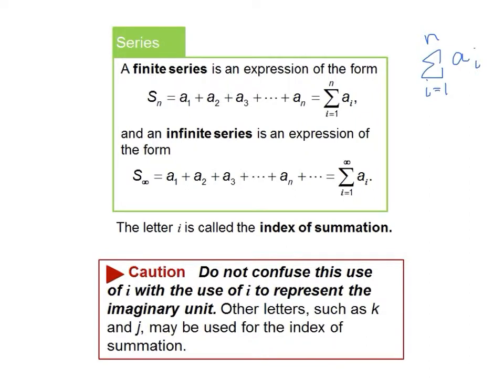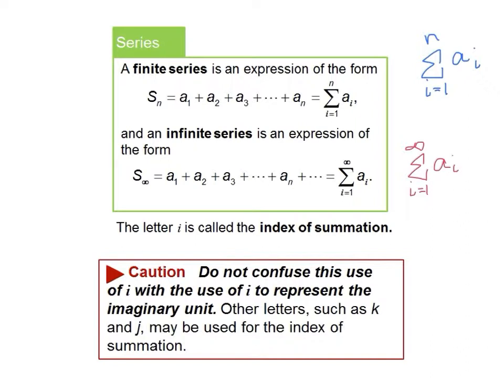What that means is we are going to start with my first term plus my second term plus my third term all the way to my nth term, and that's a finite series. We can do the same thing with infinite series. Typically, again, we start at 1, but we go to infinity, and we would add these items up infinitely.